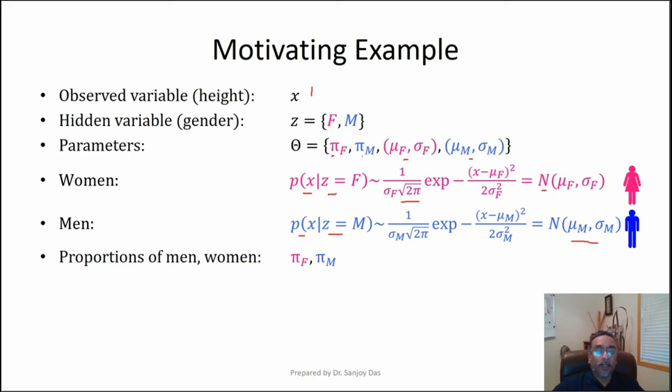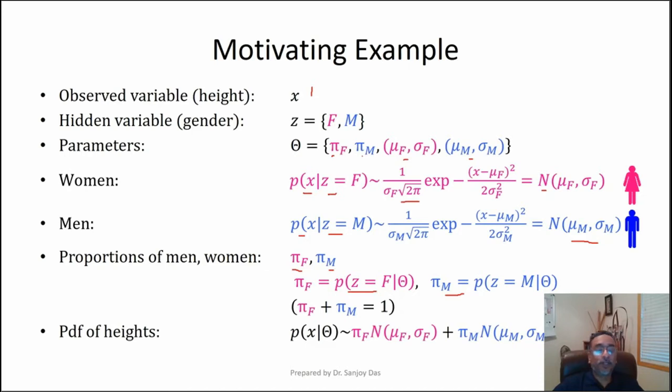And we have a large sample of heights, and the proportions of men and women are pi f and pi m, and that's also unknown. So pi f is equal to the probability of female, and pi m is the probability of male, such that pi f plus pi m should be equal to 1.